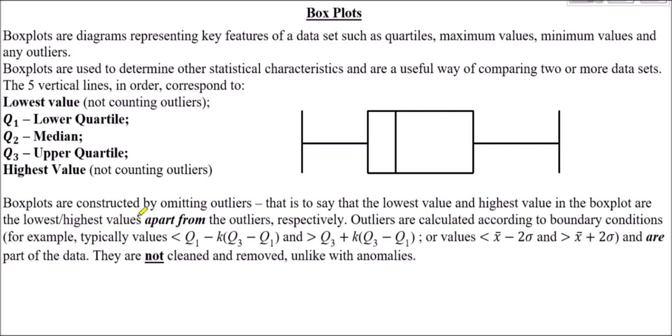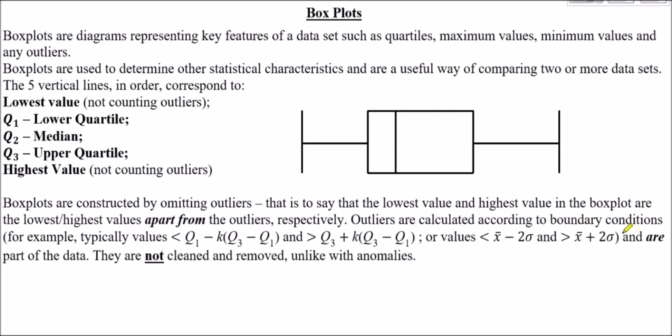Typically the boundary conditions are anything less than the lower quartile minus k multiplied by the interquartile range, where k is almost always 1.5, or anything higher than the upper quartile plus k multiplied by the interquartile range. Another way of defining the boundary conditions is any values less than the mean minus 2 standard deviations, or anything greater than the mean plus 2 standard deviations.